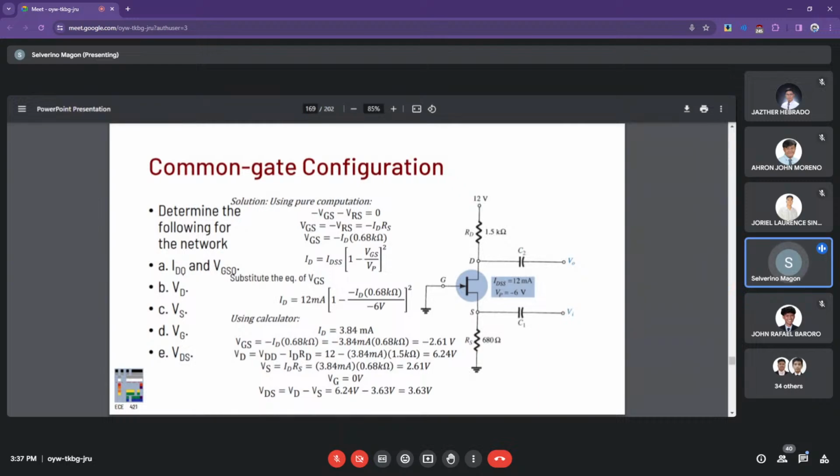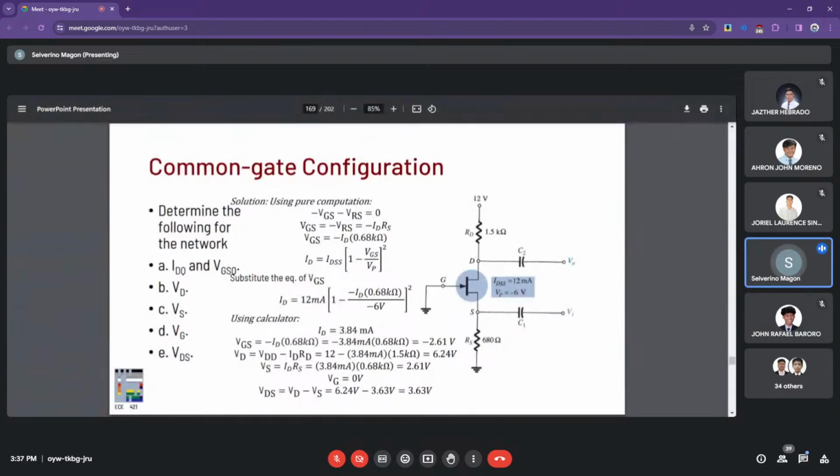We have two unknowns here, VGS and the drain current. We can substitute this expression into Shockley's equation, which simplifies to having only one variable to solve for.